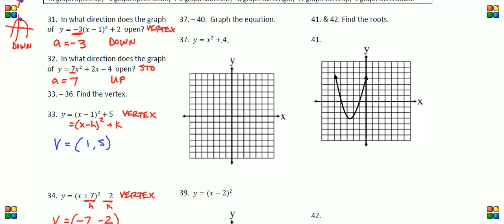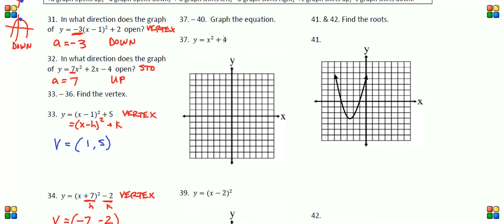You can use negative b over 2a to find the vertex of this quadratic. You could also just create a table and plug in a few x values and see what the y values are. Or you could convert this to a vertex form quadratic.